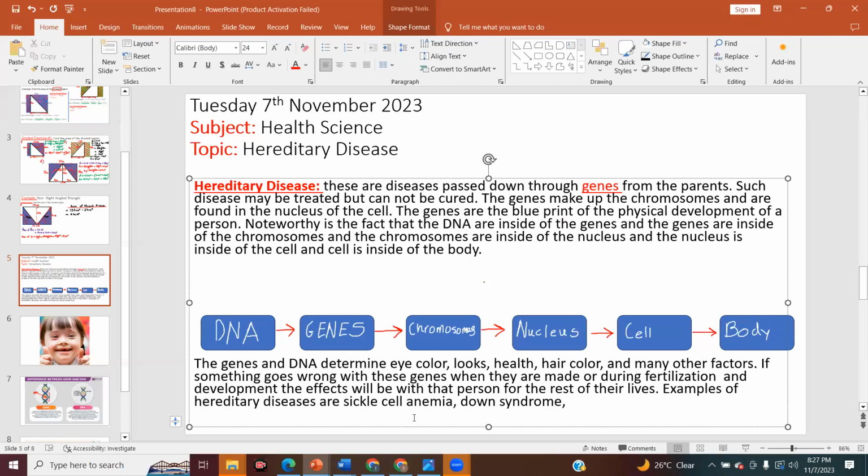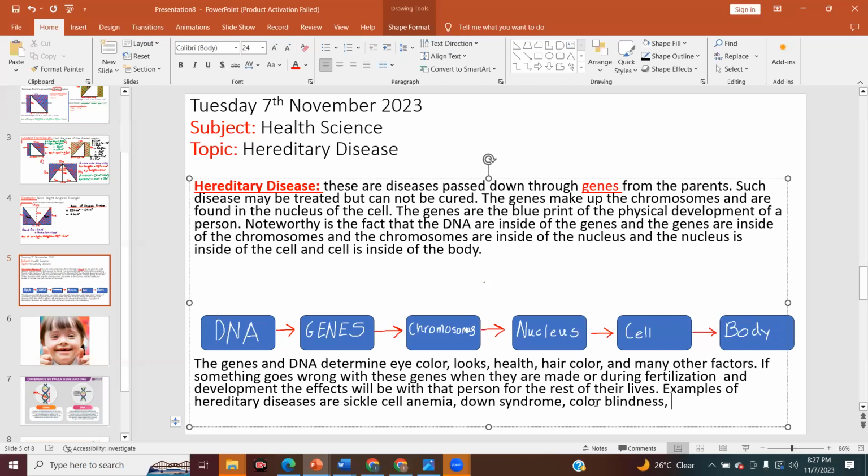So Down syndrome, sickle cell anemia, obviously, like we said, is when your cells are shaped like a banana. Also color blindness, where they can only see shades of black and white.